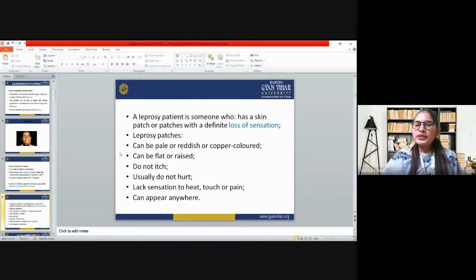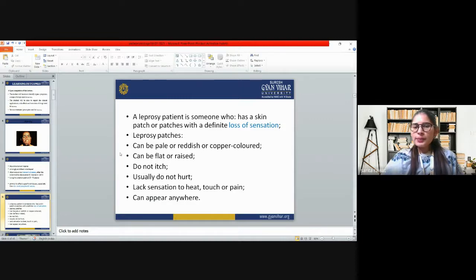Now, a leprosy patient is someone who has skin patches with a definite loss of sensation. So the person who has leprosy has skin patches, and the patches have no sensation.